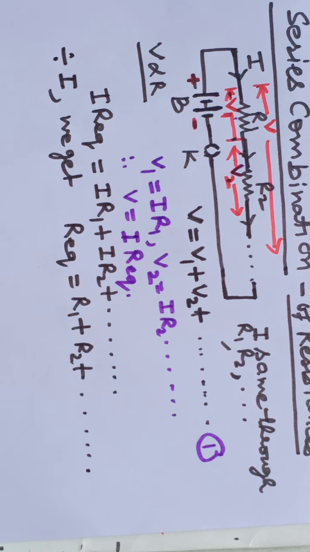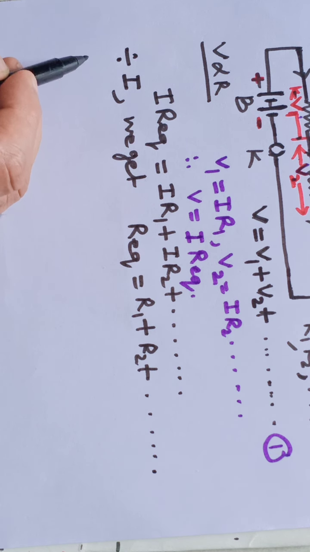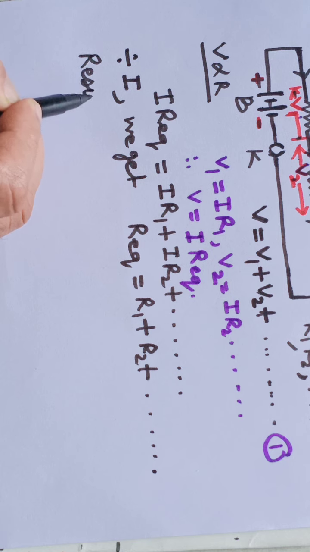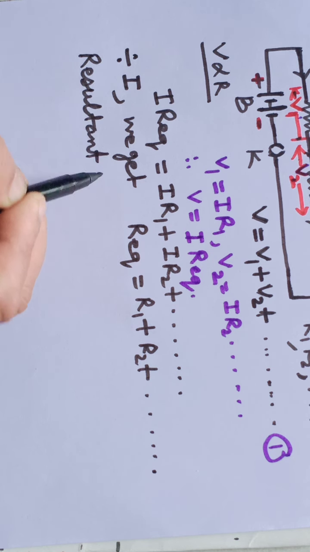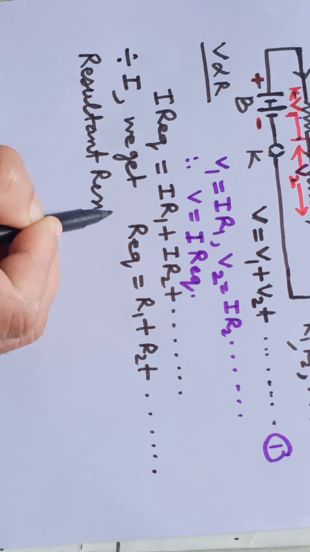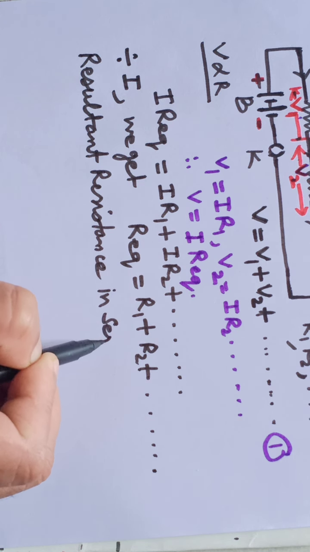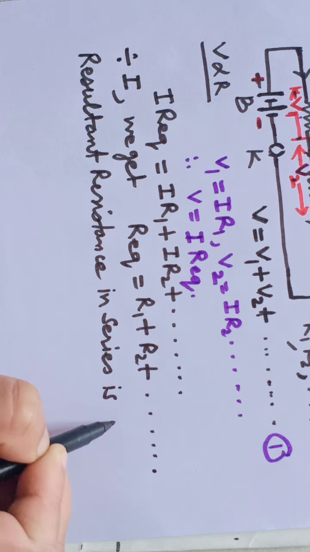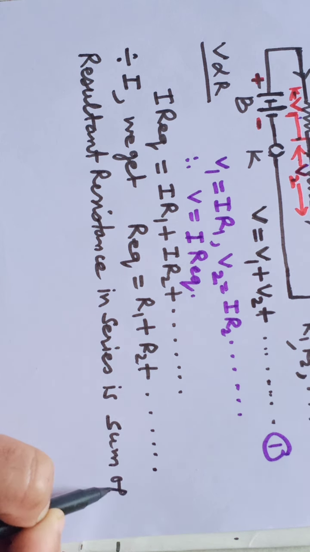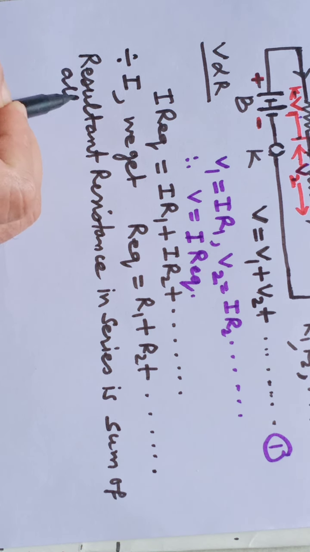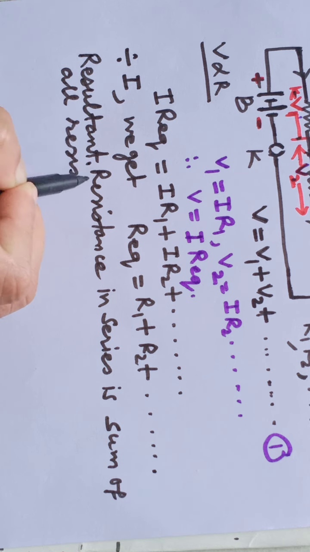Means the equivalent resultant resistance in series is the sum of all resistances.